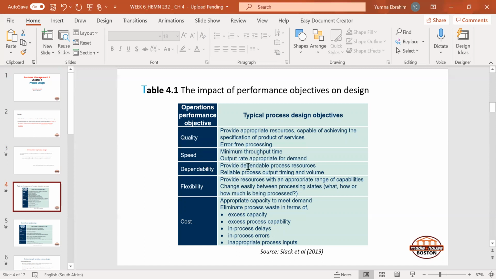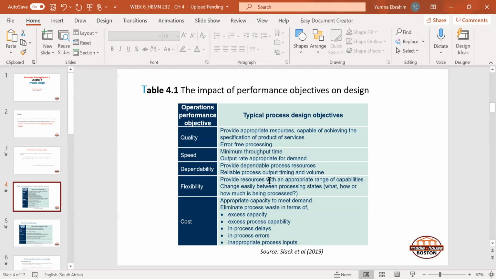Dependability. So, like we said previously, dependability is important. And in terms of process design, you have to provide dependable process resources. So the resources for the process must be dependable, the machinery you're using, or whatever it is. You also have to have flexibility. Your process might have to change, especially in today's time with load shedding.